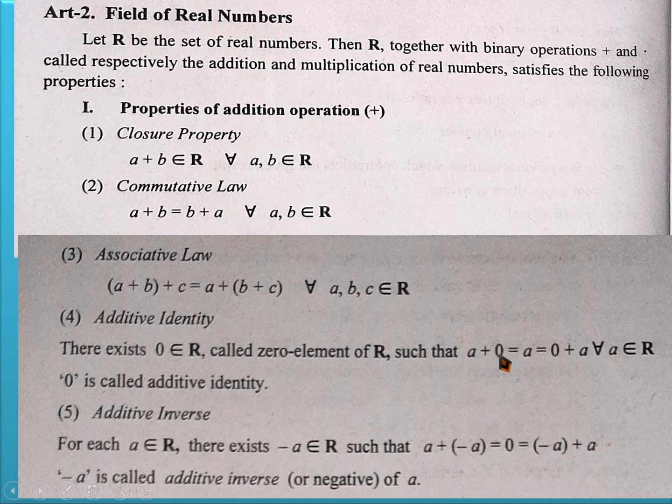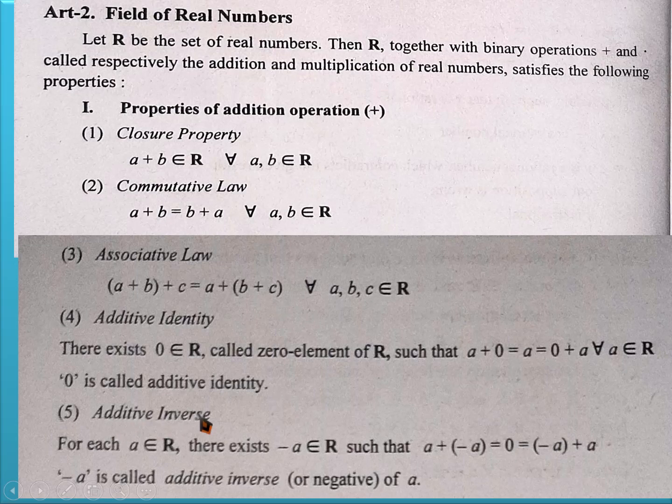This addition of 0 may be from any side, from the right side or from the left side, the result is the same. If this result is satisfied in R, this unique element is called additive identity.